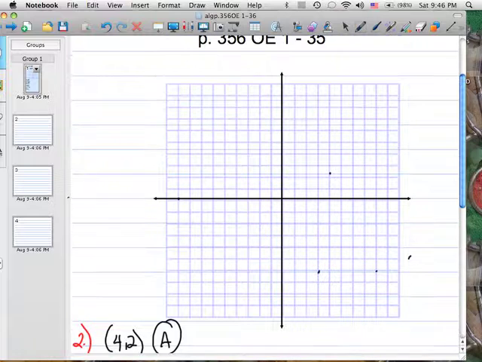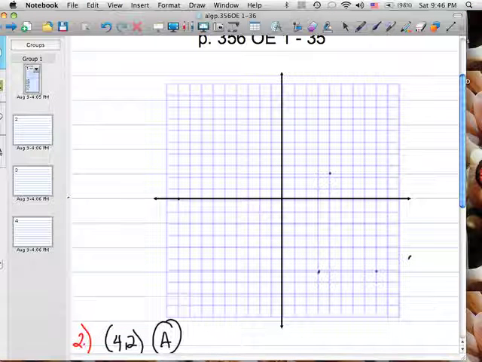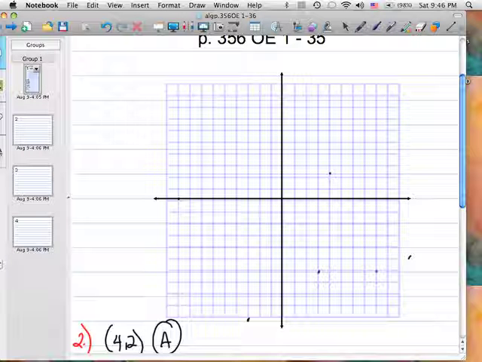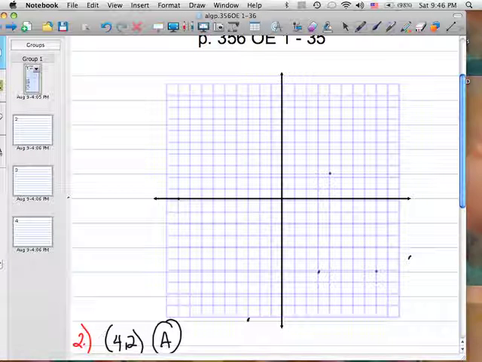So if we went up here and did that, 3 left and 10 down, 2, 4, 6, 8, 10. And on the coordinate plane in the book, that would be letter S.